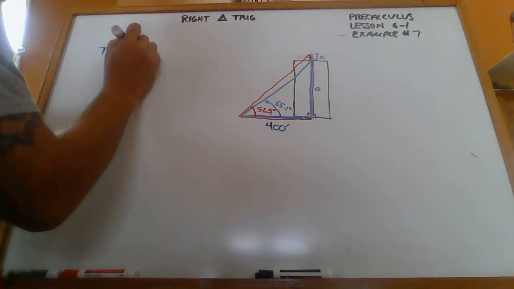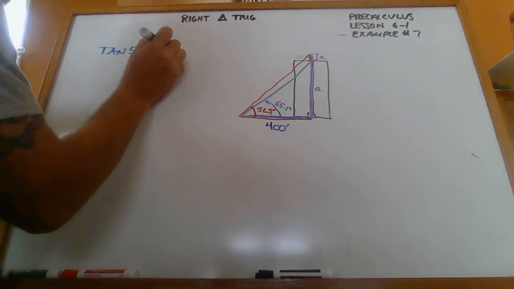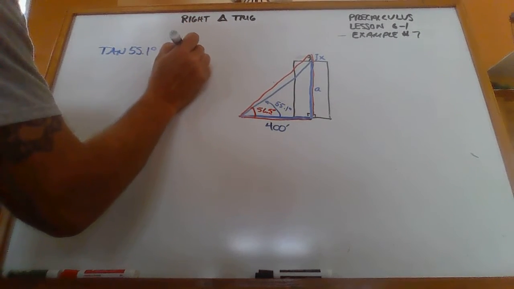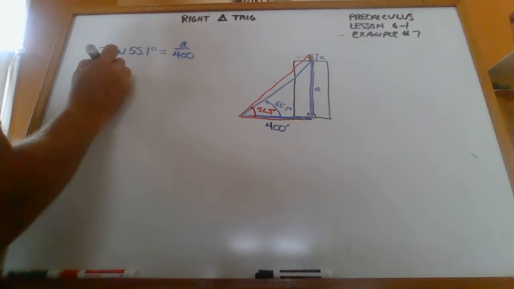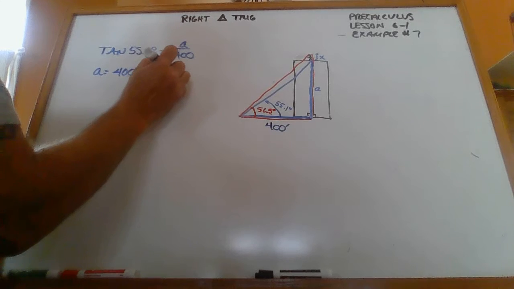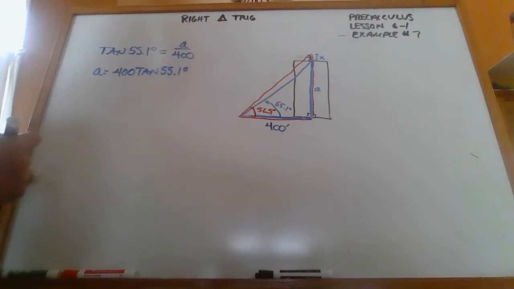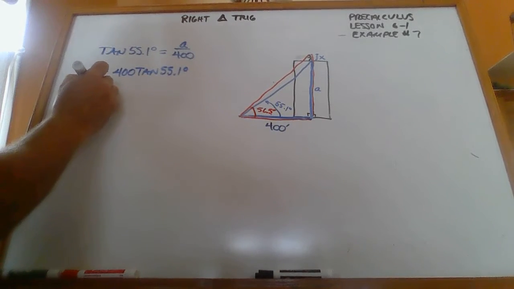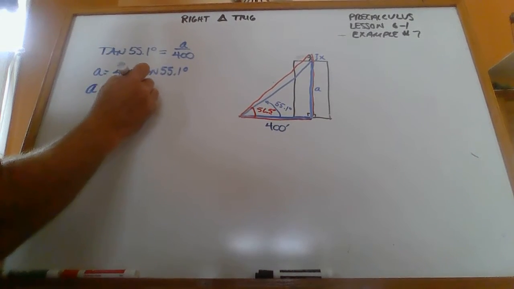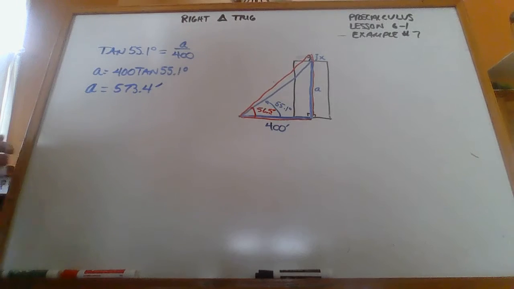The tangent of 55.1 degrees is the opposite over the adjacent. And then I simply multiply both sides by 400. And A comes out to be about 573.4 feet. Now, a lot of people will stop right here.